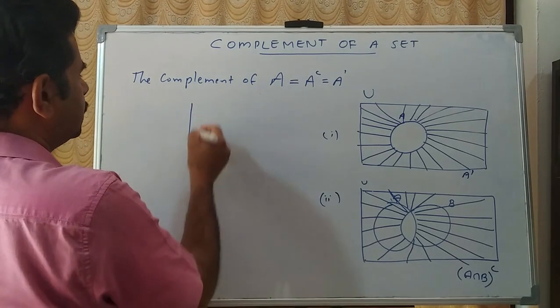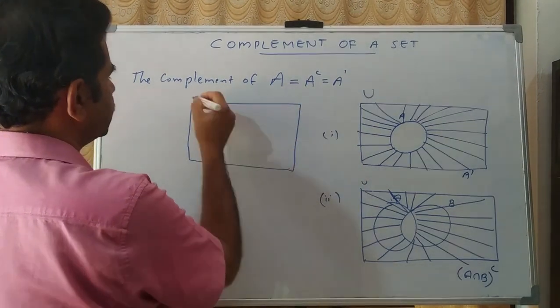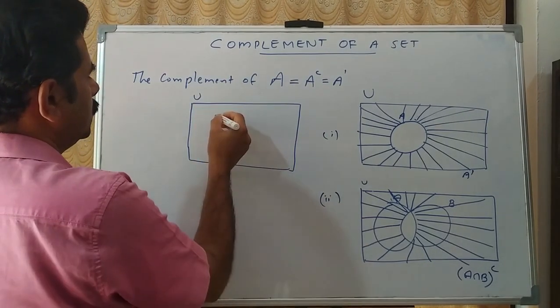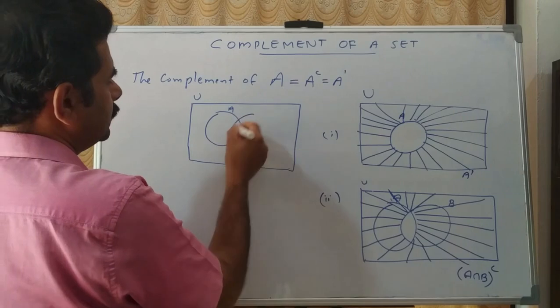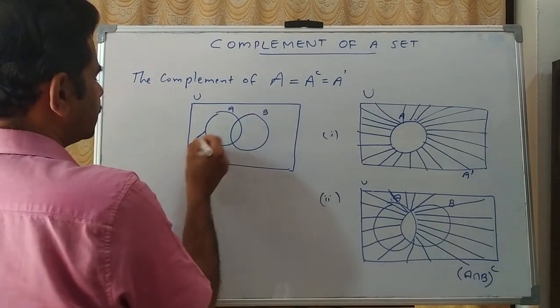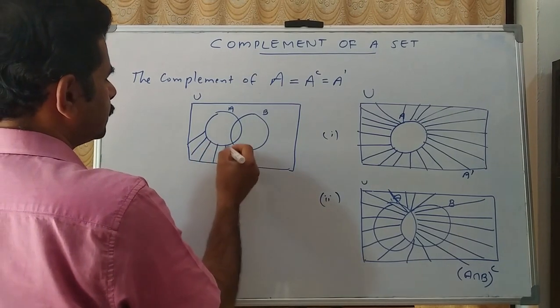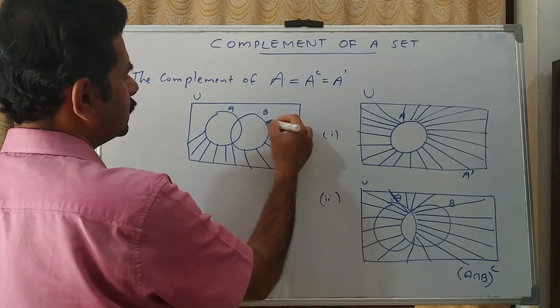Similarly, in the third Venn diagram, universal set U, a set A, another set B. This part is shaded. This part means what?